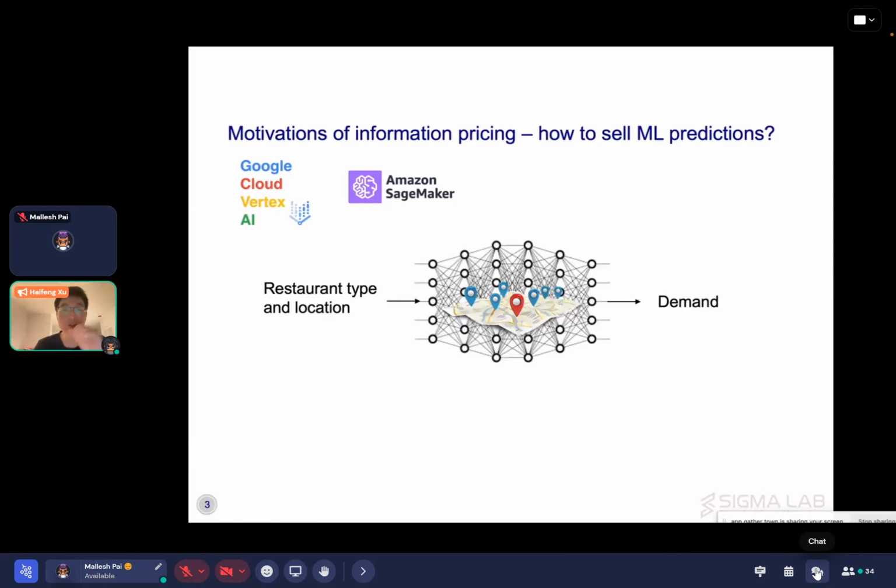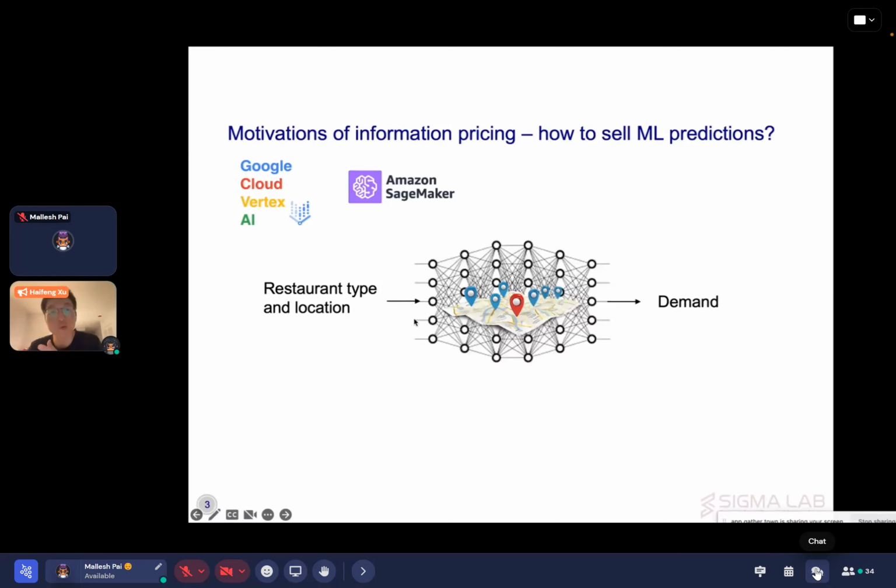At a high level, you could imagine the problem there as: there are some users who are interested in predicting something, and they can turn to this platform and try to purchase those predictions. For example, maybe you are a restaurant owner.